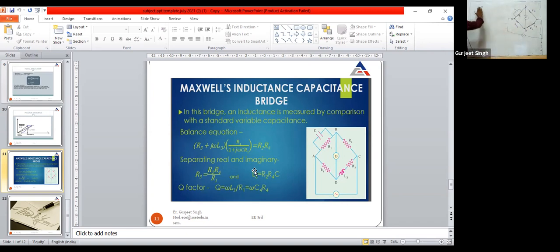First of all, in this question, we will find the impedances Z1, Z2, Z3 and Z4.